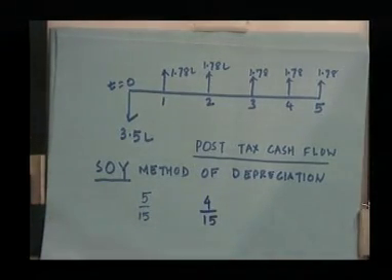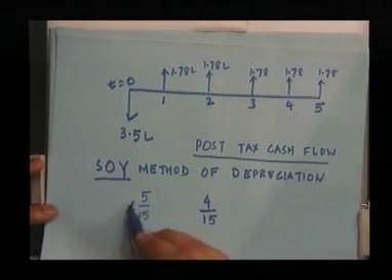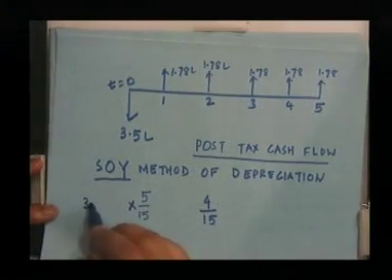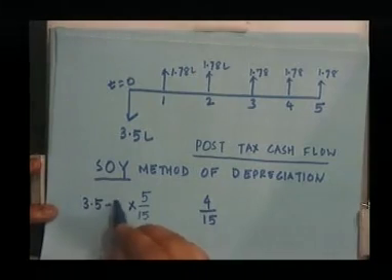Why 15? Because the sum of years for 5 years would be 15. 1 plus 2 plus 3 plus 4 plus 5 is 15, which is 5 into 6 divided by 2. So, first year depreciation would be 5 by 15 of what? This would be 3.5 minus 0.